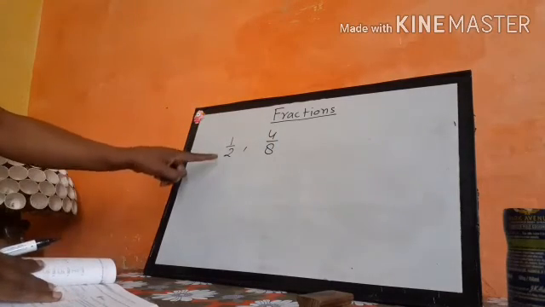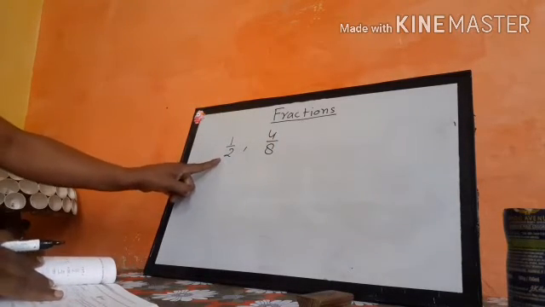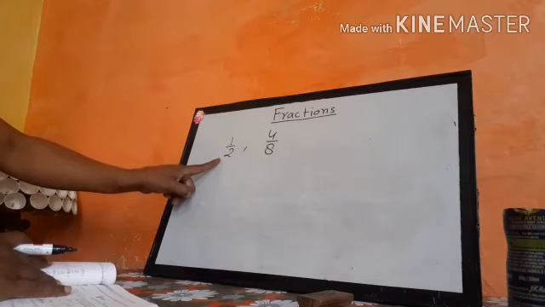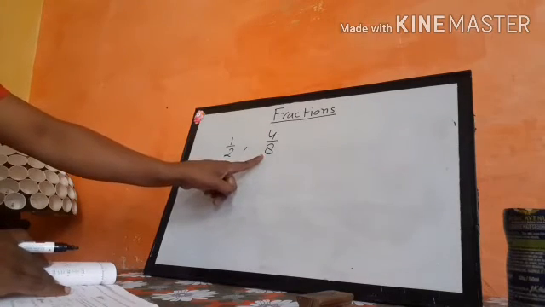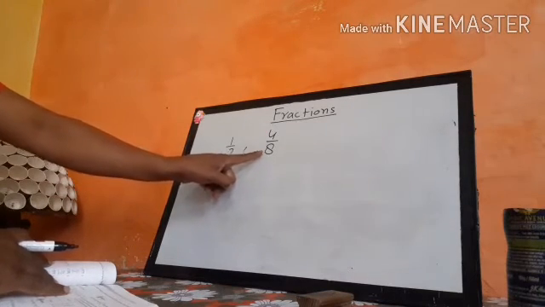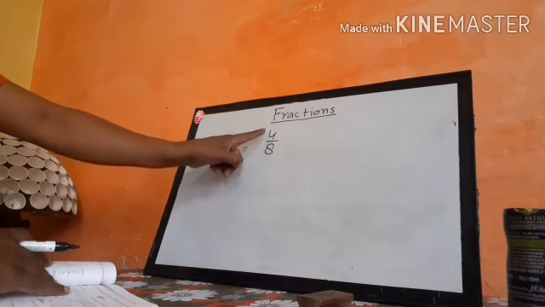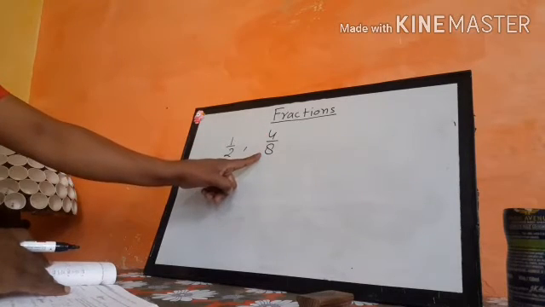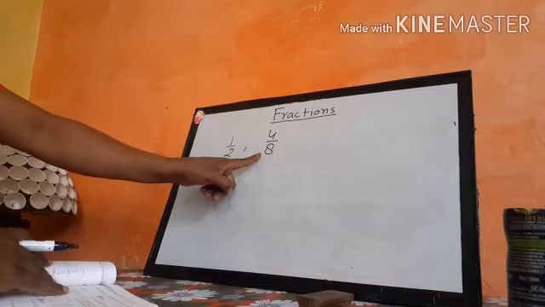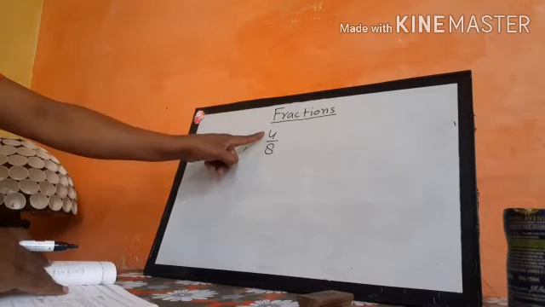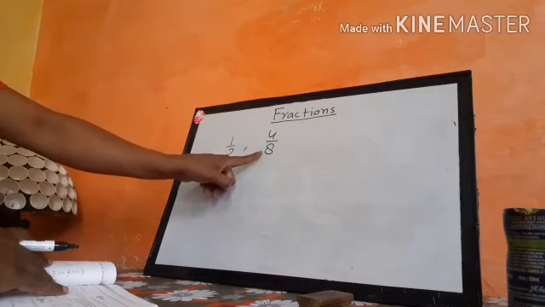Here you can see, 1 and 2 cannot be further divided into smaller parts, but 4 and 8 can be divided into the simplest form. So 4 can be divided by 2, and 8 can also be divided by 2, or you can see 4 is also divided by 4 and 8 is also divided by 4.